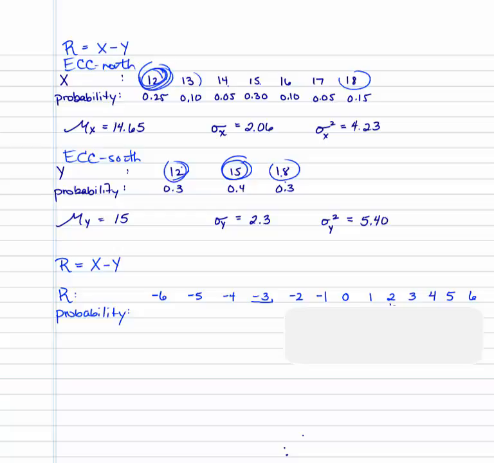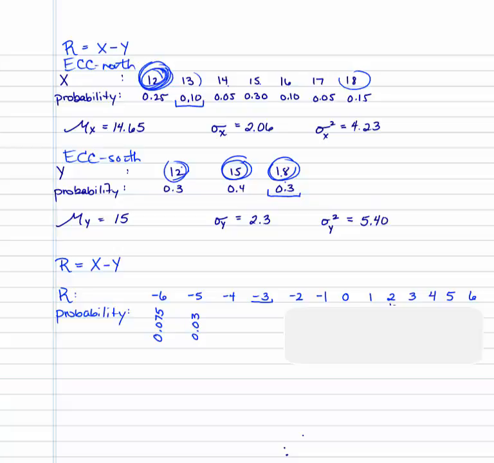Keep in mind the probability is going to be the same thing. To find negative 6, the only way to get that would have been the 12 minus 18. So that's 0.25 times 0.3. So I'm getting 0.075 for that one. 13 take away 18 made negative 5, so I'm using the 0.1 times 0.3, which is going to be 0.03.